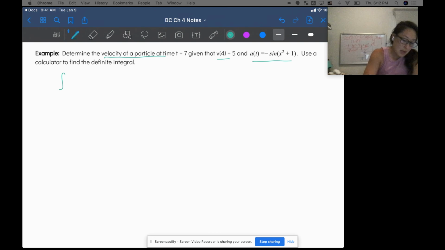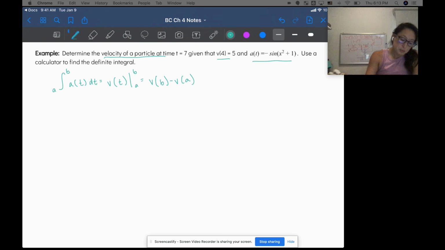So I'm going to start with the integral from a to b of a of t dt is equal to the velocity of t evaluated from a to b. Okay, so we're doing v of b minus v of a is really what we got.